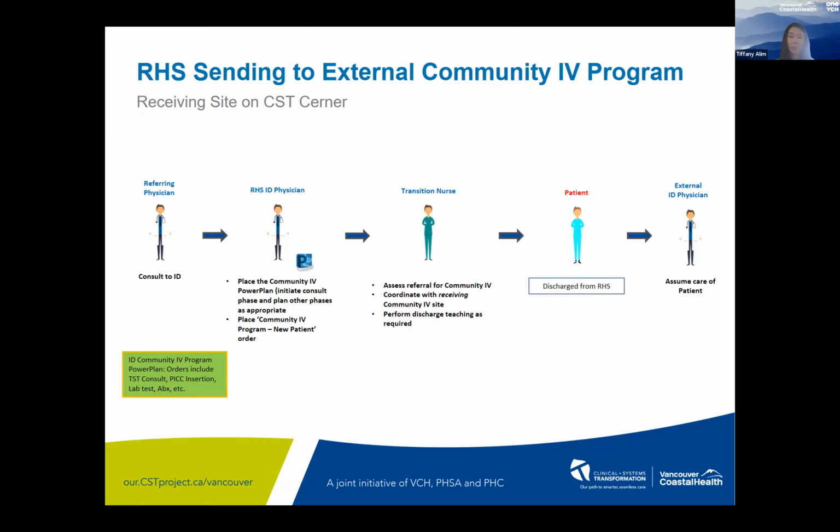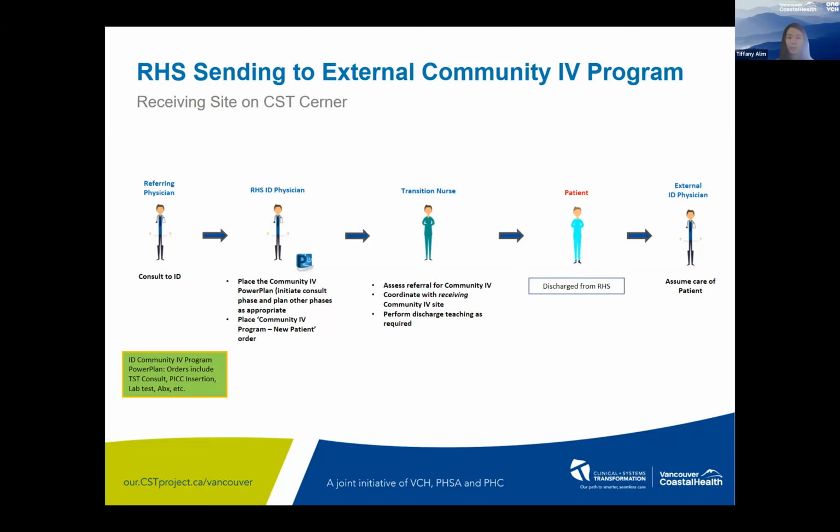There is a separate order to be placed, and that is the community IV program new patient order. This order is used to trigger the UC at the receiving site to create an encounter for the patient. The Richmond TN will assess the referral, coordinate appointments with the receiving sites, and perform discharge teaching as required.